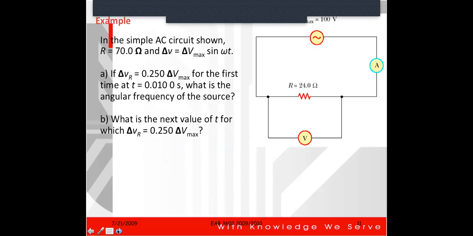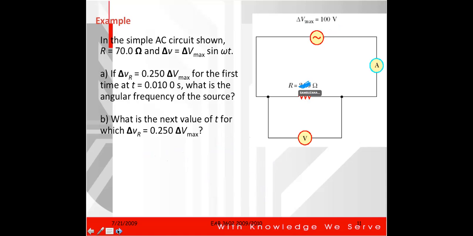So in a simple circuit, in the simple AC circuit shown, R is equal to 70 ohm. So yang ni dah berubah. Ni dah jadi 70 ohm.